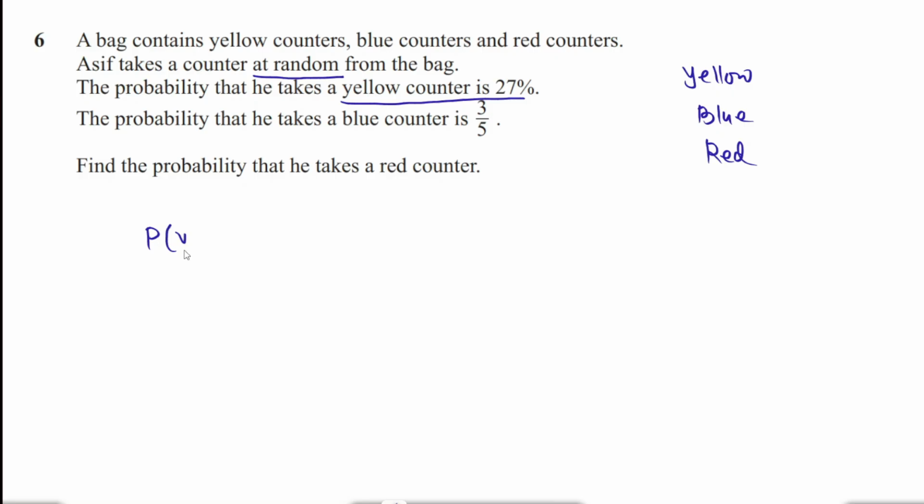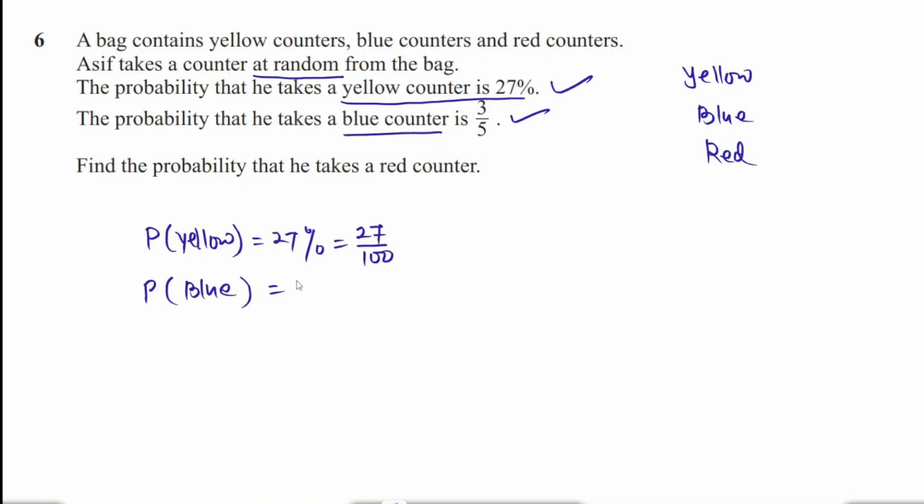So probability of yellow counter is 27%. Here it is given in percent, here it is given in fraction. So that is up to us, let us make it in fraction itself. So probability of blue counter is 3/5. Now find the probability of taking a red counter.